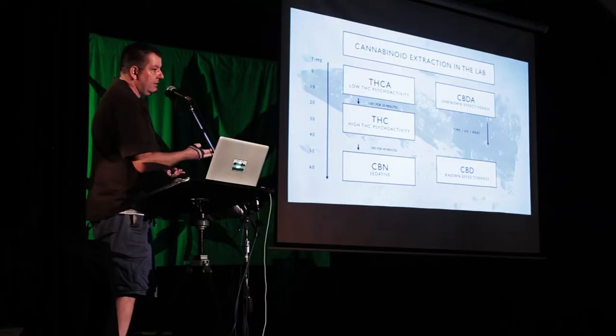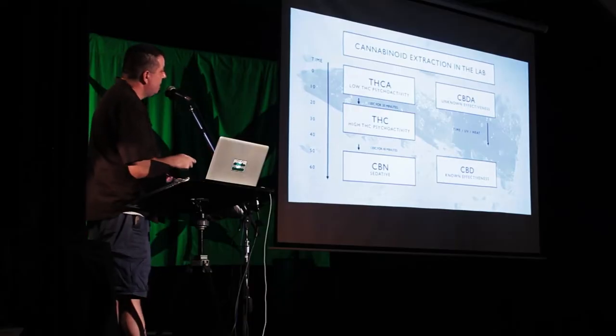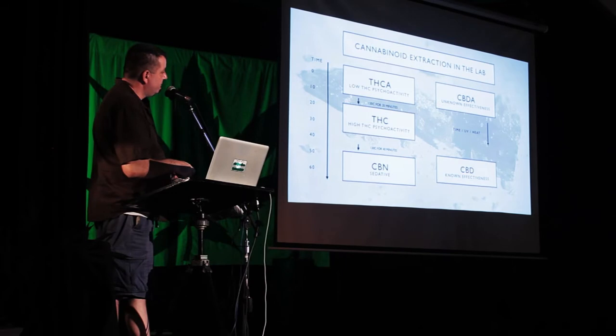Now, at that 20-minute mark, almost no CBDA is converted to CBD. So you've maximized your THC, but you're not getting a lot of CBD. If you maximize your CBD, which means you run the whole thing for about an hour, then most of your THC ends up as CBN. So you end up with a product that's CBN and CBD, but virtually no THC.